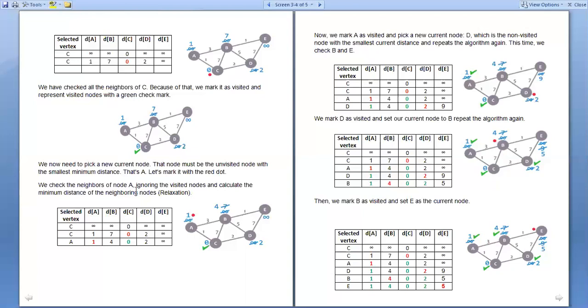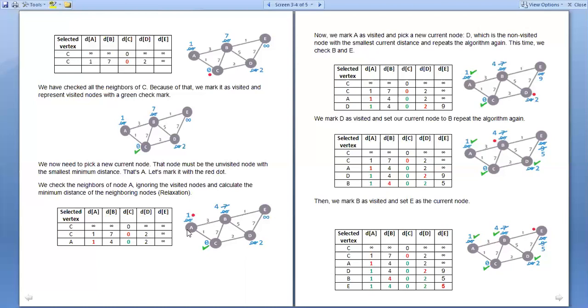Now we check the neighbors of node A again, ignoring visited nodes. We have already visited C, and C is a neighbor of A, but as C is visited, we can't consider it. We just consider B as the neighbor of A. The initial value of B is 7, and A and B are connected with an edge of 3.